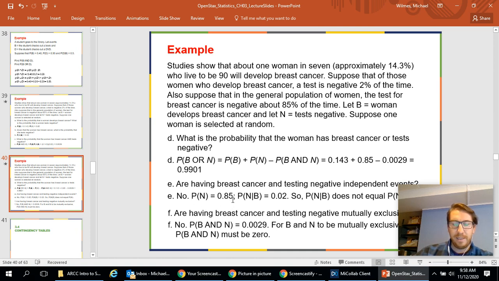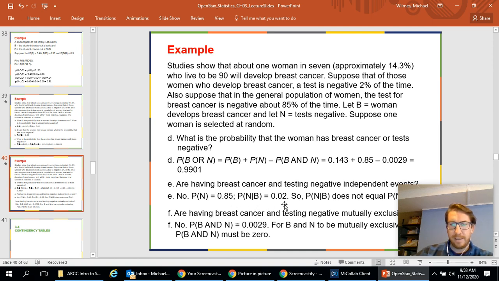To prove this, we compare these two probabilities: the probability for a negative, 85%, and the probability for a negative test given we have cancer, 2%. If we have cancer, our chances for a negative test go down a lot, which makes sense because the test is finding the cancer and letting us know. Since these probabilities don't equal each other, they're not independent.